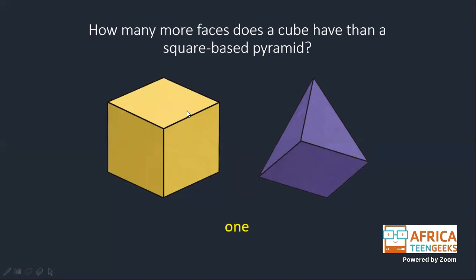We spoke about it yesterday. Just think about dice or think about an ice cube. There are 6 different sides, 6 different faces, and a square-based pyramid has the square at the bottom and then 3 triangles. So that's 5. 6 minus 5 is 1.